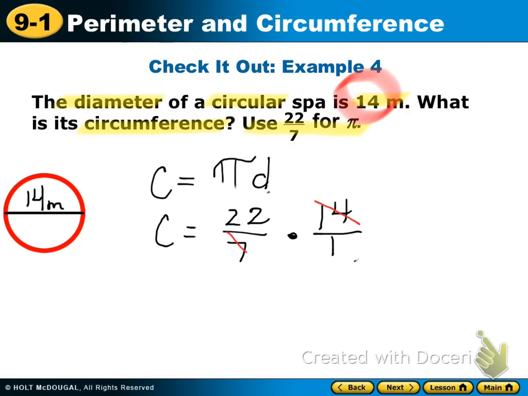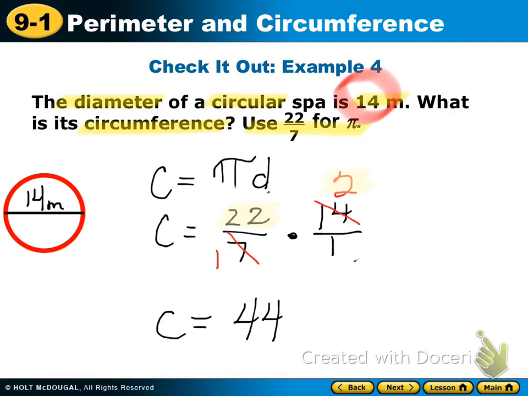And my 14 and 7 have a common factor of 7. So 14 divided by 7 is 2. 7 divided by 7 is 1. So now all I have to do is multiply straight across. I have 22 times 2, and that answer would give me 44.